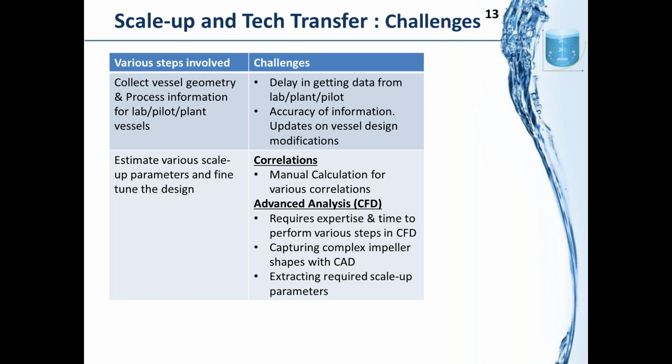Now, when correlation does not work, then the next approach available is either we can do experiments, which can be expensive, or we can use the CFD analysis methods, the numerical models, to get a priori predictions.